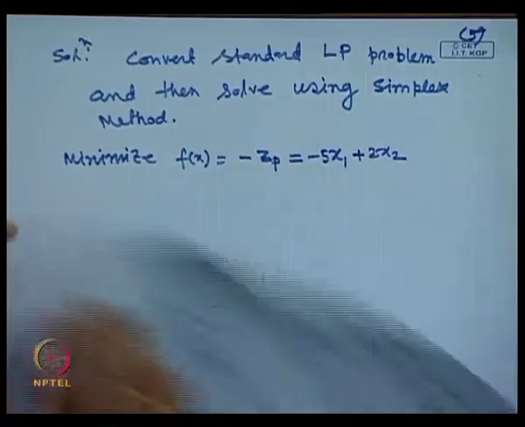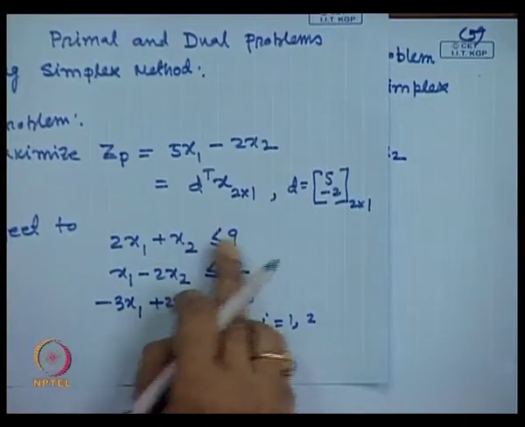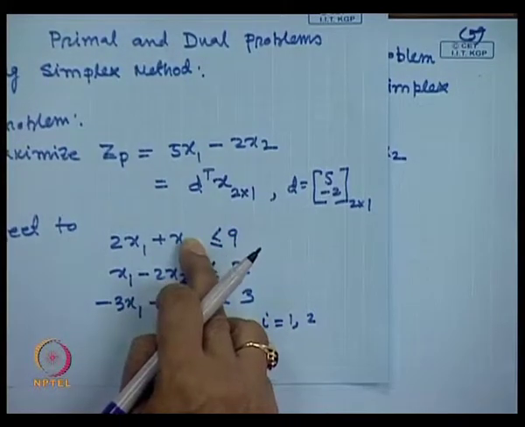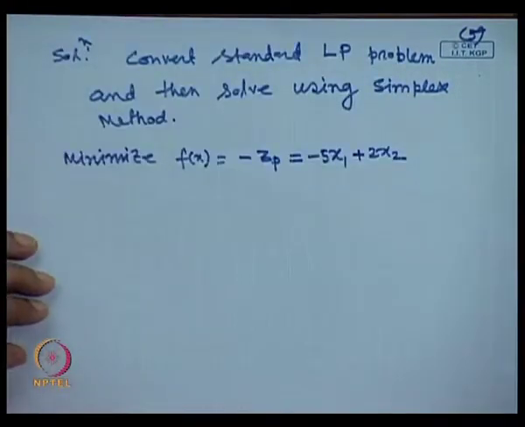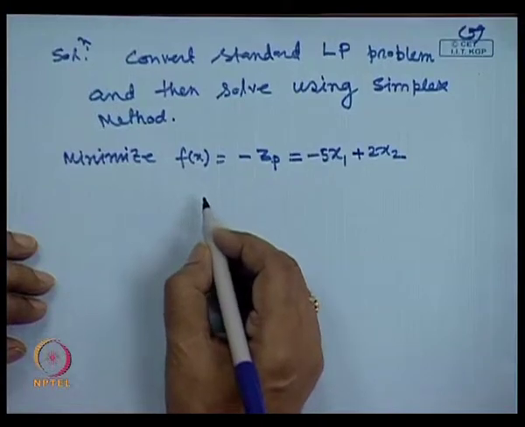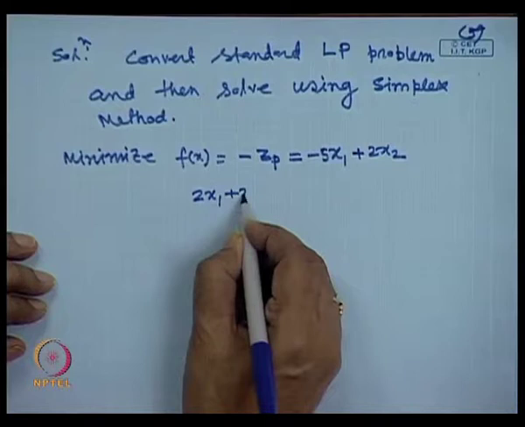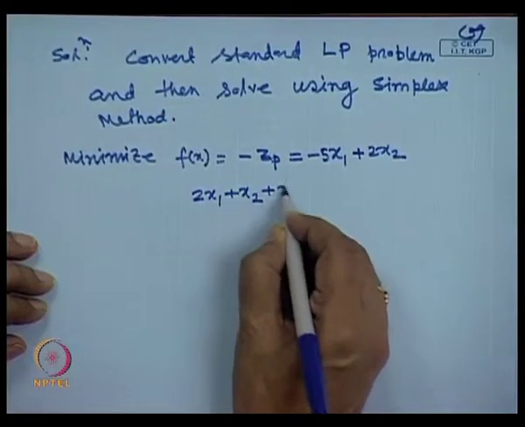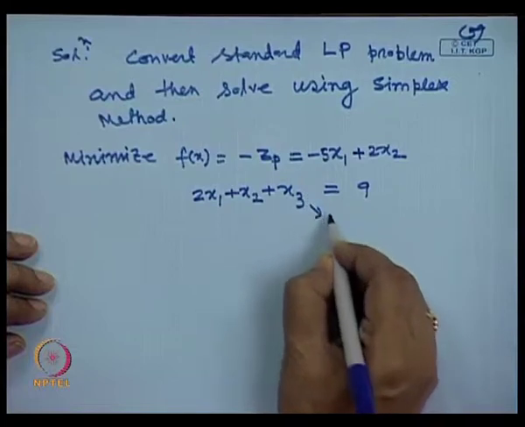And this constraint you can convert by adding one slack variable, because it is a less than constraint, you have to add a slack variable with value greater than or equal to 0. So, that slack variable I introduce as x3. So, 2x1 plus x2 plus x3 is equal to 9. This is the slack variable.